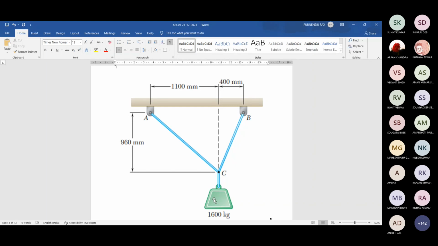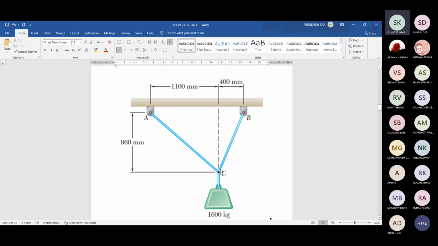So it's a simple case: one block of mass 1600 kg is hanging, and it is supported by, now can you hear me? Yes, sir. It is supported by what may be metallic rods, or they may be two almost weightless, very fine threads, which can hold the 1600 kg mass.